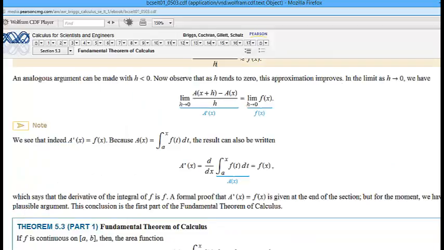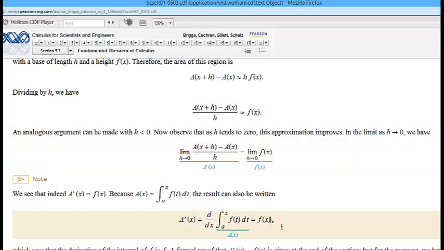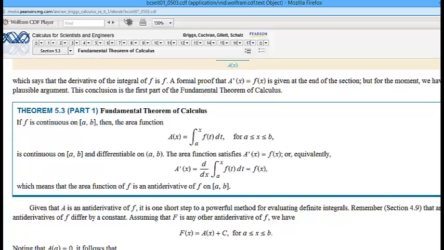So they take the limit as h approaches 0 of this area function, and they say, hey, wait a minute. As h approaches 0, this limit will be close to the limit as h approaches 0 of f of x. But there are no h's here. So the answer is f of x. The thing that used to have a dummy variable, f of t, if you want the derivative, you just plug in f of x. That's part 1. That's a proof of part 1. You could read it in more detail if you want, but that should give you a flavor of what's going on.